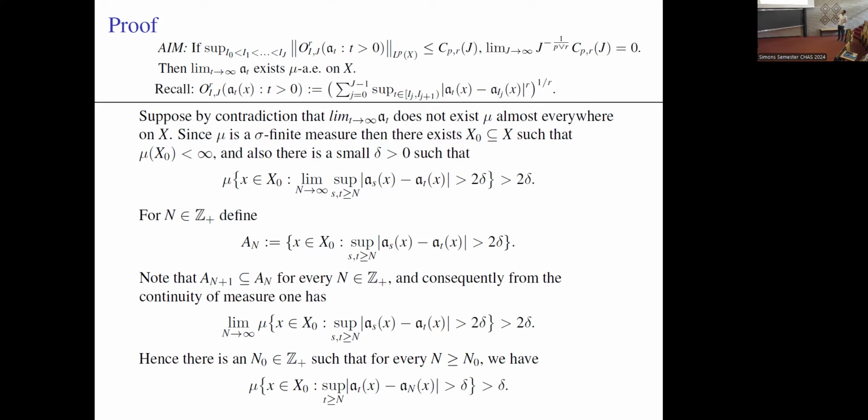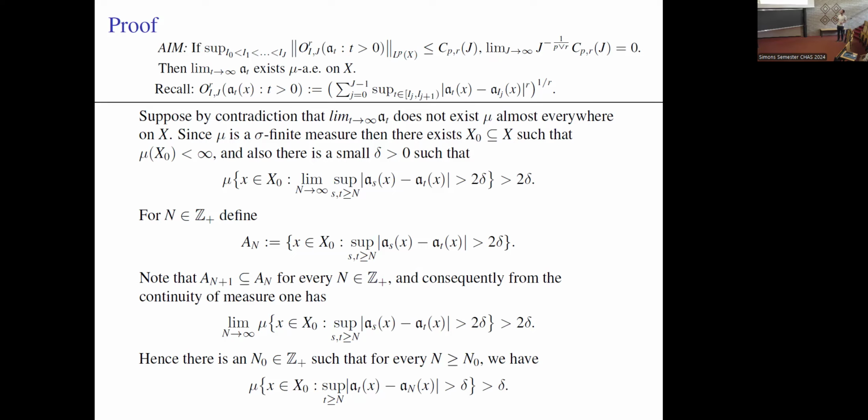So in fact, it means that we can find delta such that the measure of the set for which the limit superior is larger than 2 delta is larger than 2 delta. Okay, so this is from the fact that this is not a Cauchy sequence. Then we can throw away this limit, and we can look at the sets A_n itself. It's clear that those sets are nested.